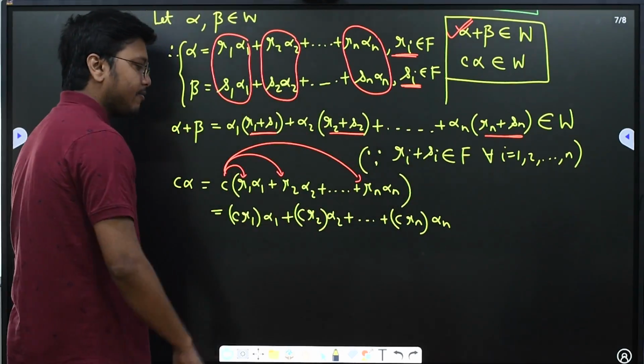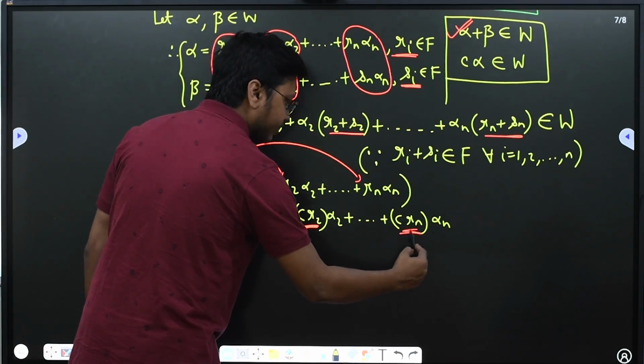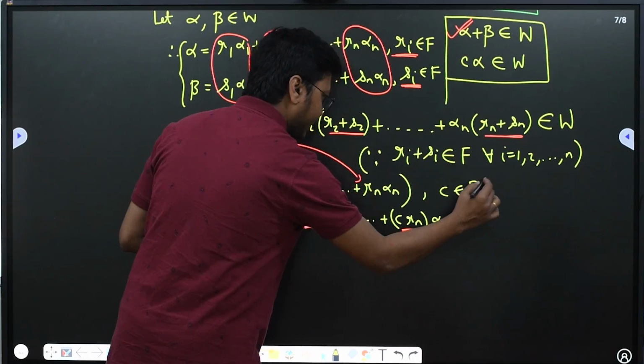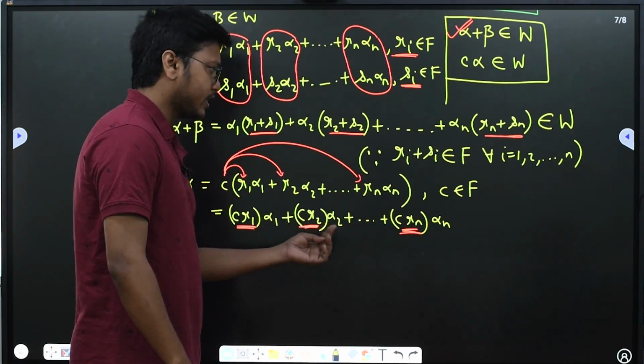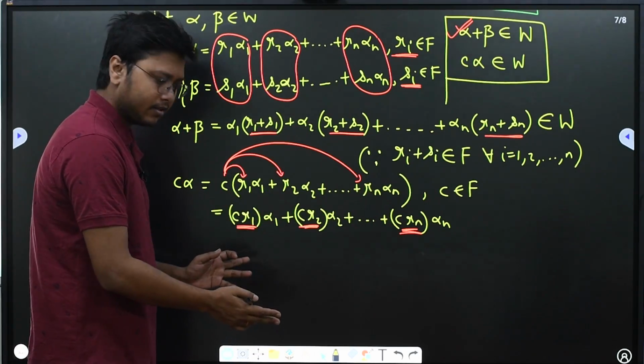So again, by the same logic, you can observe that these are further constants, because C was a constant taken from the field, and R1, R2 up till Rn are also constants taken from the field. So multiplication of two constants would further be another constant.